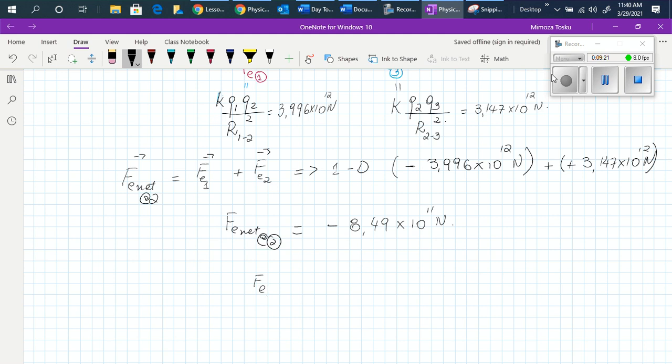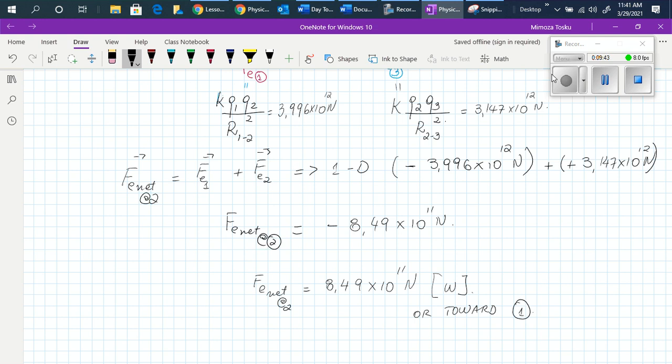You can say that the electrostatic force net at 2 is negative, that is going west, or you can say it is 8.49 times 10 to the power of 11 newtons going west, or toward charge 1.